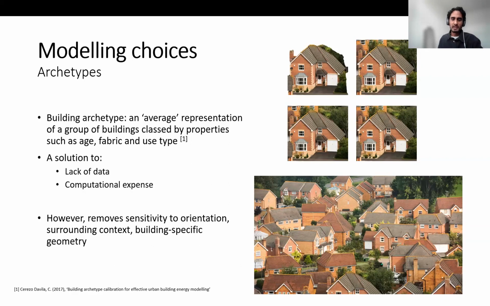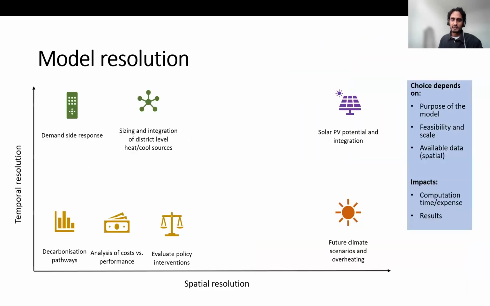But this doesn't necessarily mean that it's a bad choice. This is a common technique that's been applied to many UBEMs with a lot of success, and maybe a good choice depending on what exactly you're looking into in the study. So if I go back to this graph here, if you're evaluating decarbonization pathways or the potential for a large-scale retrofit program, then archetypes could be quite a good choice.